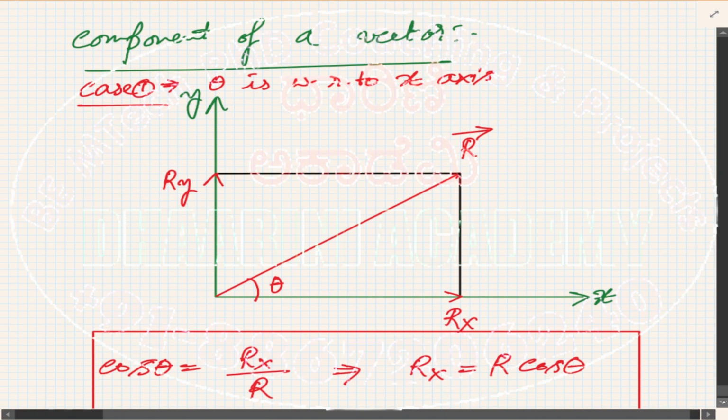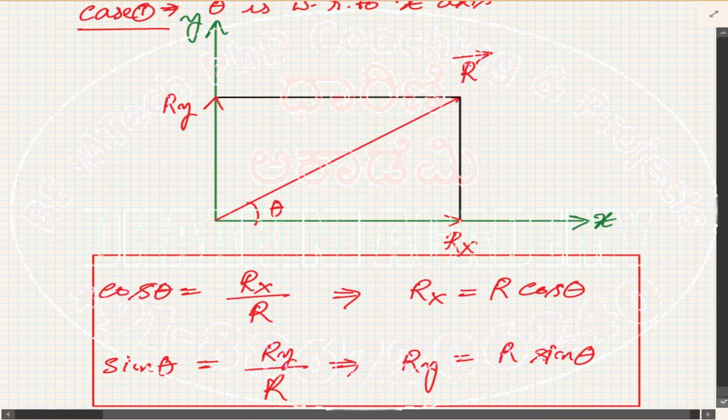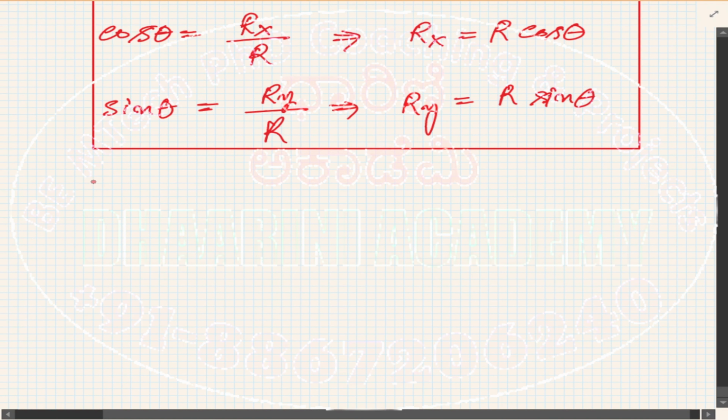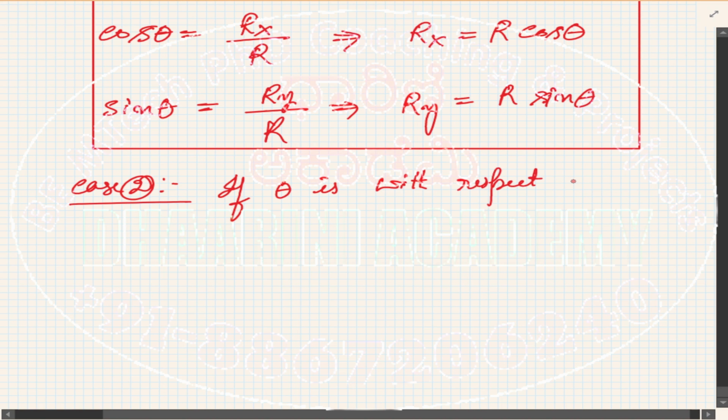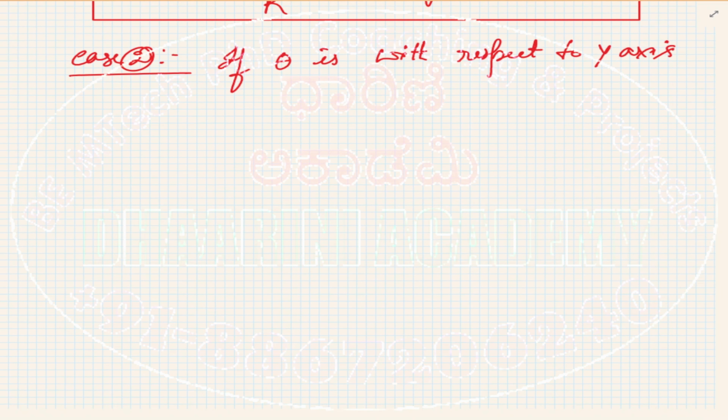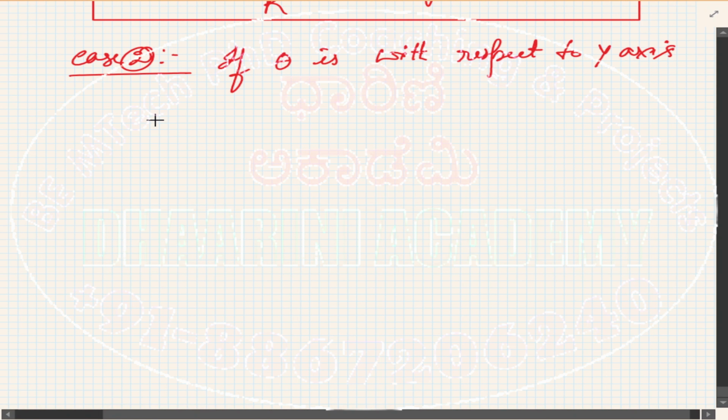All right, at the same time, if this theta is given with respect to y, okay, this is case number 2, that is if theta is given with respect to y-axis. Okay, then let's look at the diagram now. X-axis, y-axis.